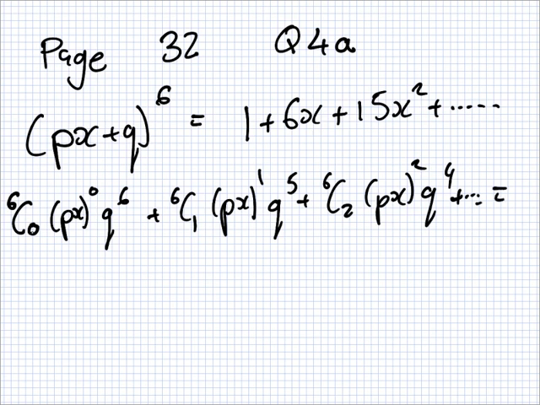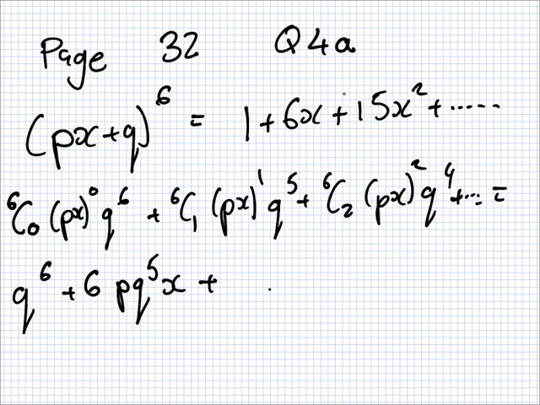Right, 6c0 is 1, px^0 is 1, so you have q^6. 6c1 is 6, so that's 6pq^5 x plus, what's 6c2? 6c2, please? Wait, why did you start with q to the power of 6 and px to the power of 0, and not the other way?